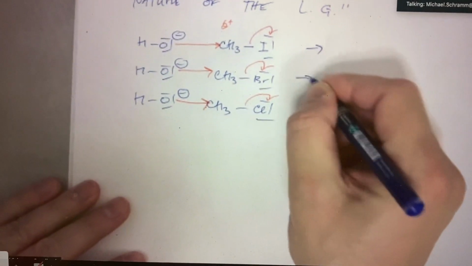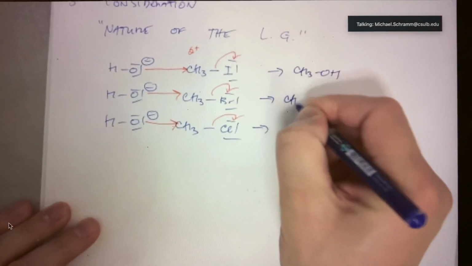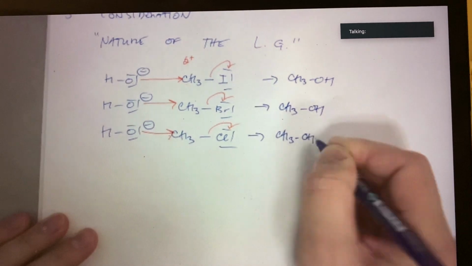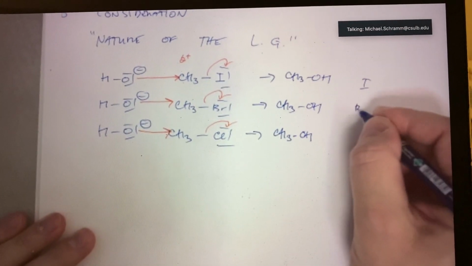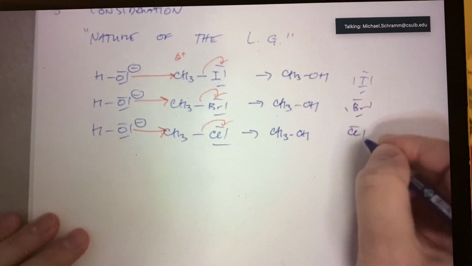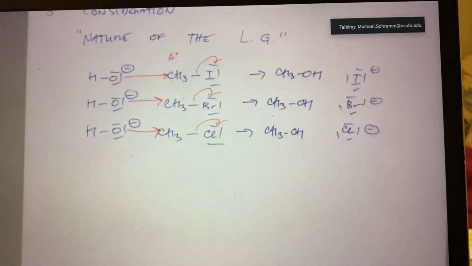In each one of these cases, we made the same product, methanol. The leaving group, however, was different in each one of these cases. We had I minus, Br minus, Cl minus.